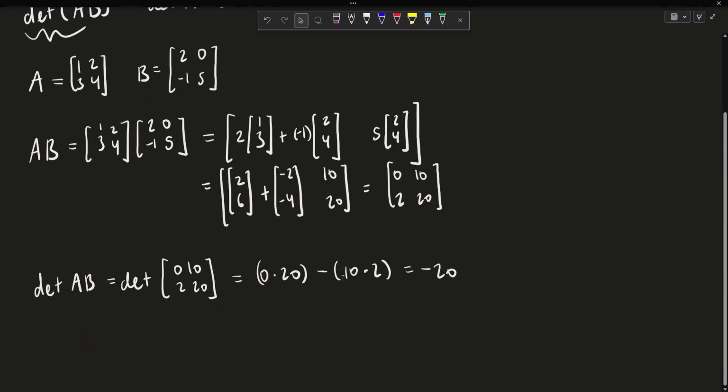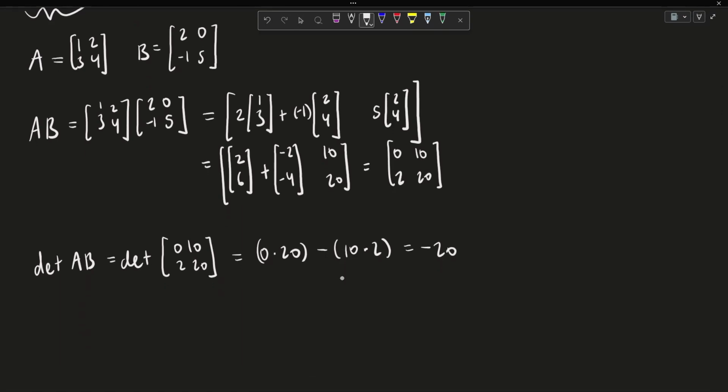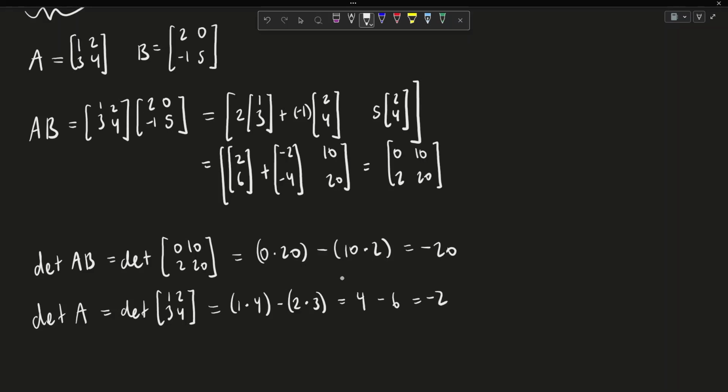However, if we took the determinant of A, which is the determinant of 1, 2, 3, 4, from this we get 1 times 4 minus 2 times 3, we get 4 minus 6, which is -2.